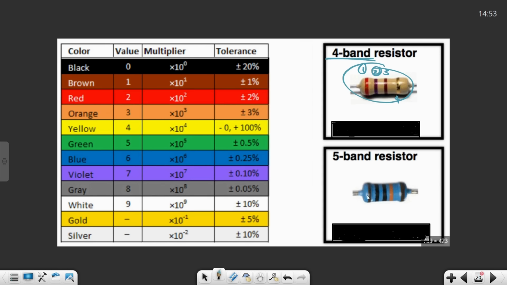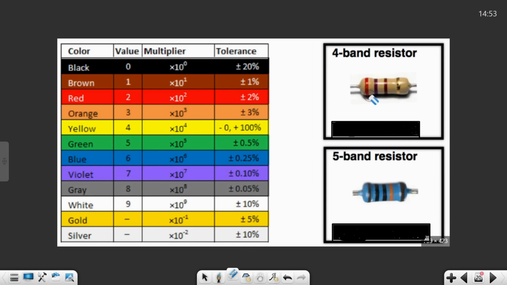Similarly, over here this is band 1, band 2, band 3, band 4, and this is the fifth band. So it is a 5 band resistor, right? It is clearly mentioned over here. Once we understand how many bands are present, we can easily extract the other information about that resistor as well.